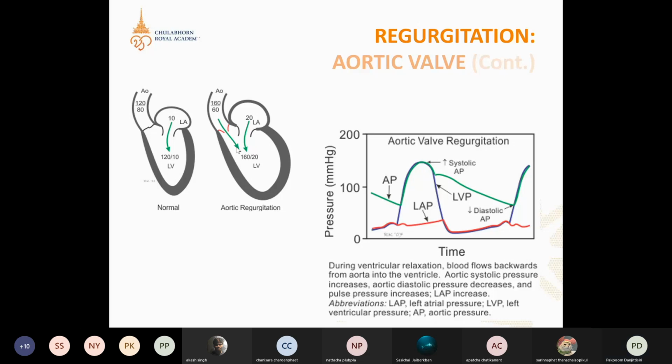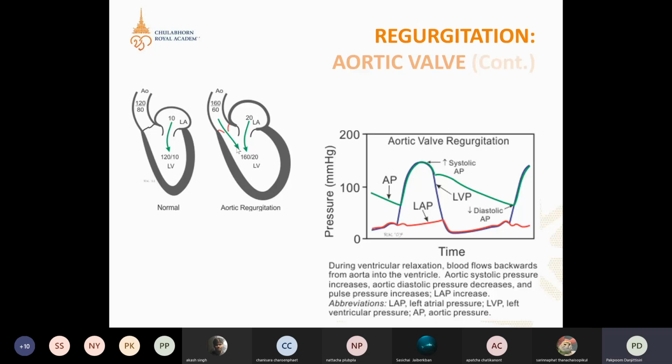So the end-diastolic pressure of the left ventricle must be increased because of the higher volume inside the LV during diastole. Definitely during LV diastole, the blood will come to the LV from the left atrium, right?